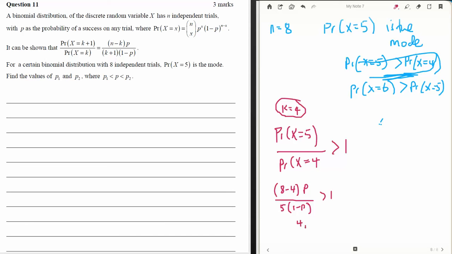So 4p is greater than 5 times 1 minus p. 4p is greater than 5 minus 5p. Move the 5p over. 9p is greater than 5, so p has to be greater than 5/9. So p1, which is the smaller of the p's, is 5/9.